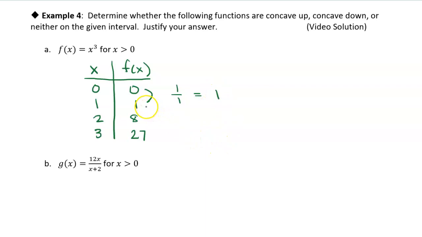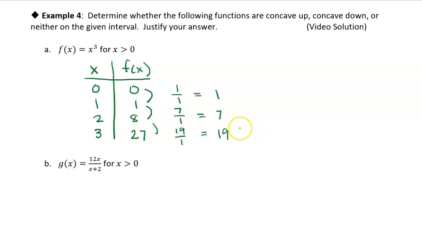For the next interval, f of x went up by 7 for an increase in x of 1. So this is an average rate of change of 7. And the next interval, it went up by 19 for a change of 1. So this is 19 over 1, which is just 19.